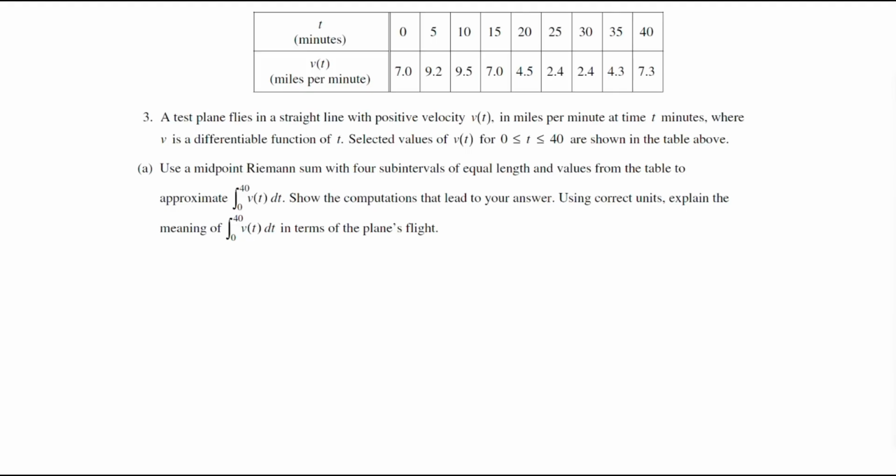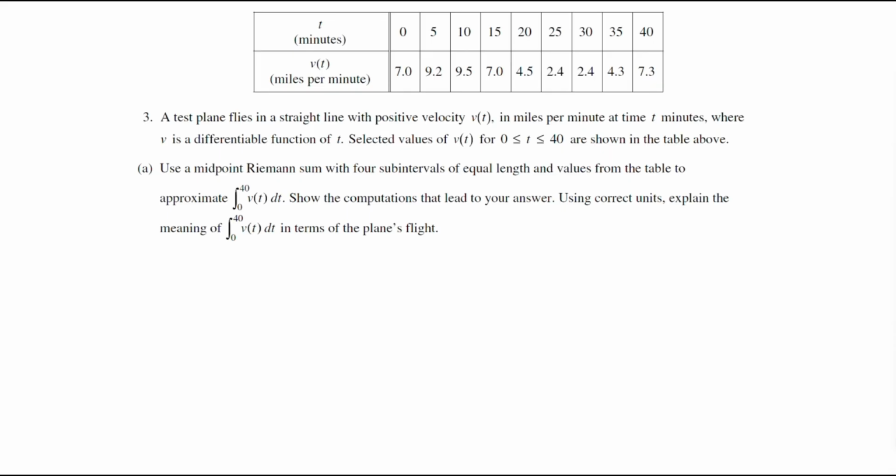All right, this is question number 3 from the 2004 Form B AP Calculus AB exam. It's a motion question. We've got a chart here of values of a plane that's flying in a straight line with a positive velocity given in miles per minute. We know that v is a differentiable function, and we got the values from 0 to 40.